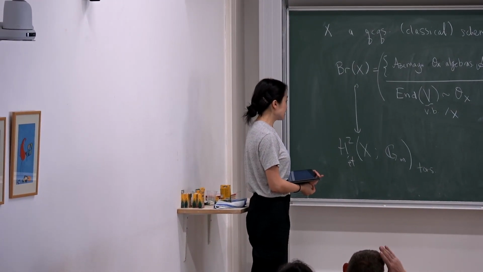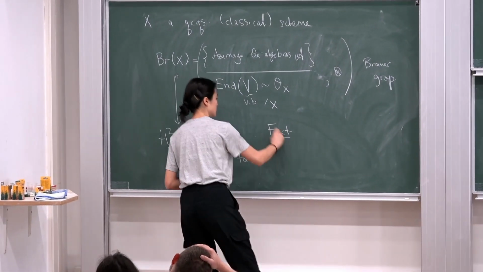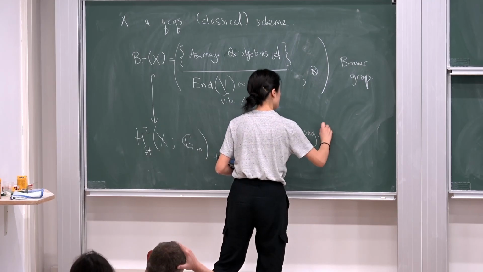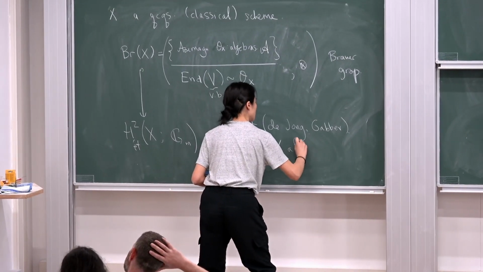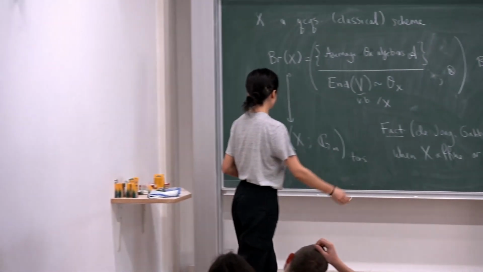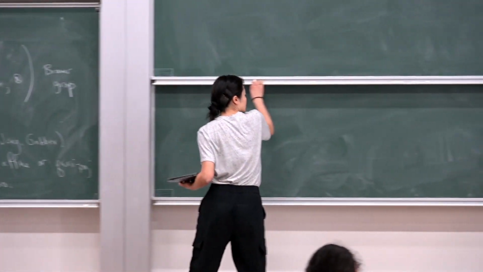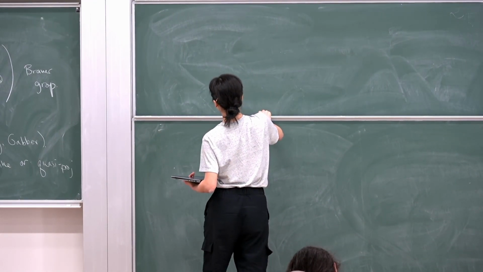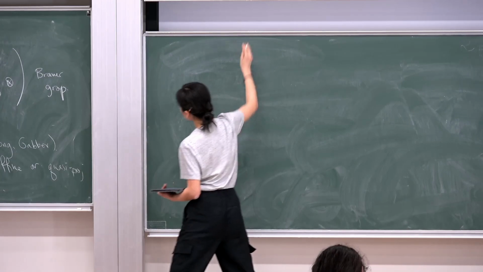Okay, and in fact, which is due, in various cases, to de Jong and Gabber, when X is affine or quasi-projective, this map is an isomorphism.